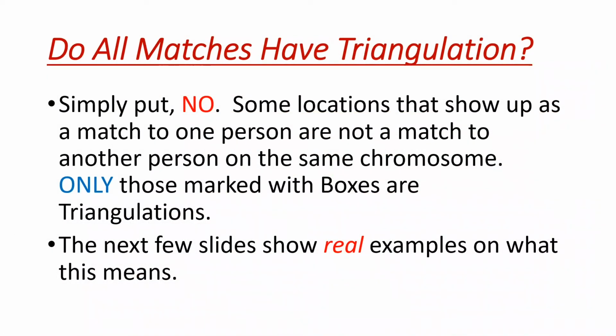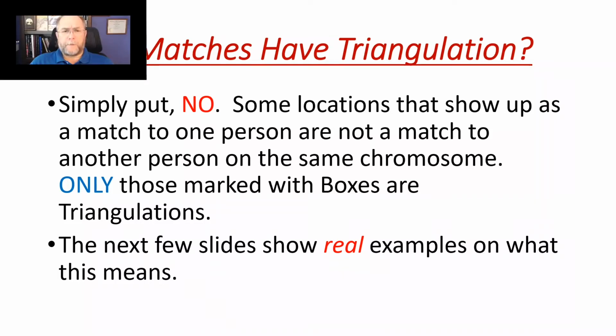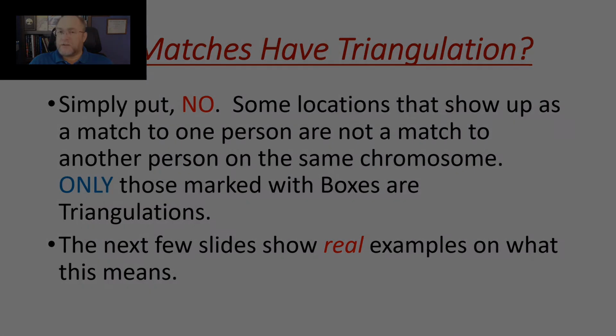Do all matches have triangulation? Simply put, no. Some locations show up as a match to one person and not a match to another person on the same chromosome. Only those marked with boxes are triangulation.